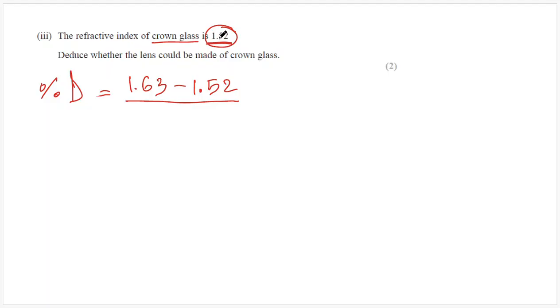So how different your value is from the value given in this part of the question. So you divide by the reference value, 1.52 times 100%. So this gives you 1.63 minus 1.52 divided by 1.52 times 100.